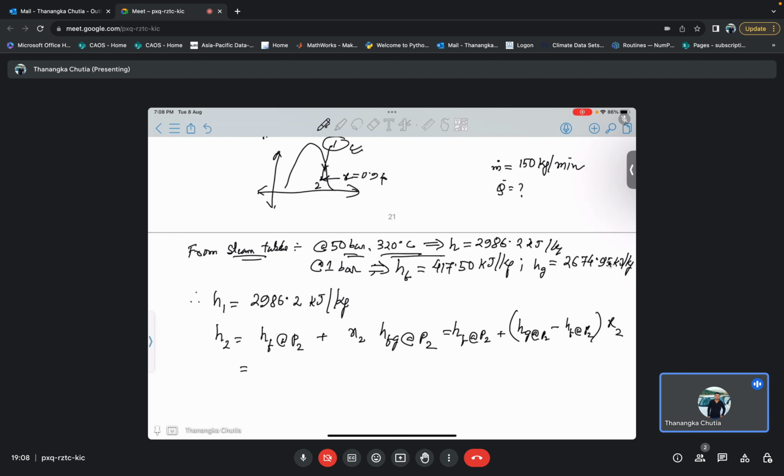So what I can write is HF at P2 is 417.50, X2 is 0.94, HG is 2674.95 minus 417.50.